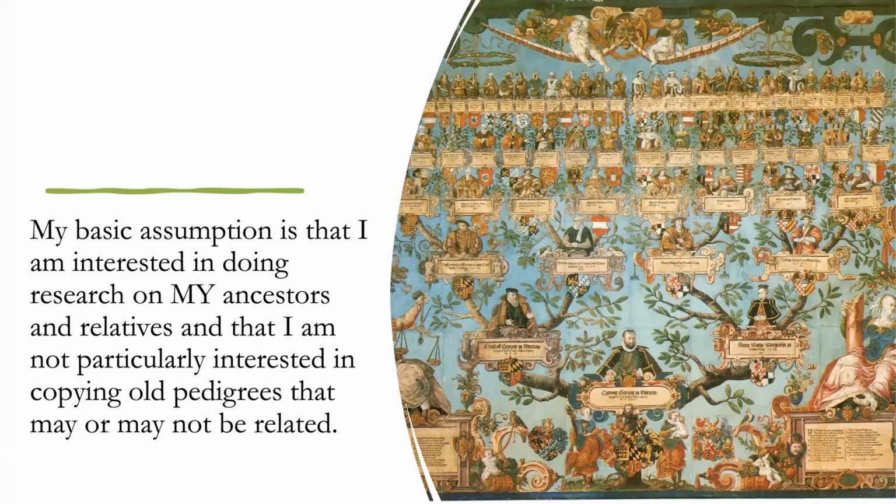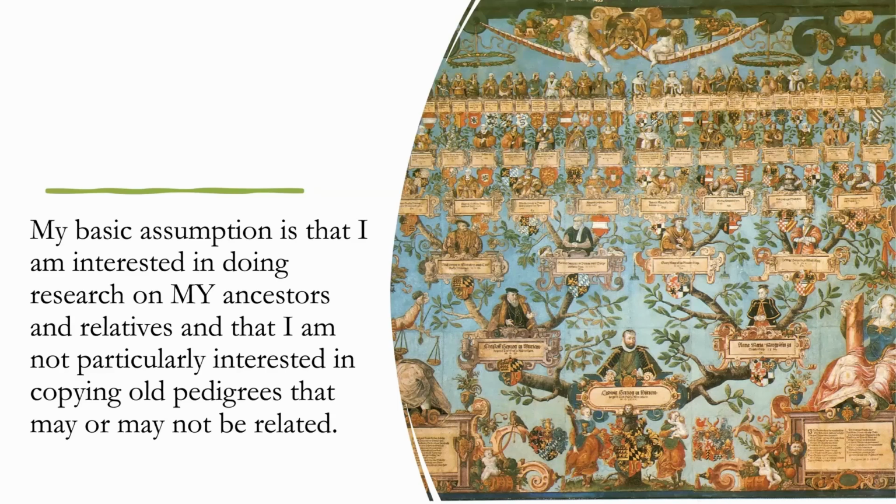I also want you to be able to understand what my position is on this. My basic assumption is that I'm doing my ancestors. So I'm not really interested in doing a lot of people back in the ancient times who are not directly related to me.